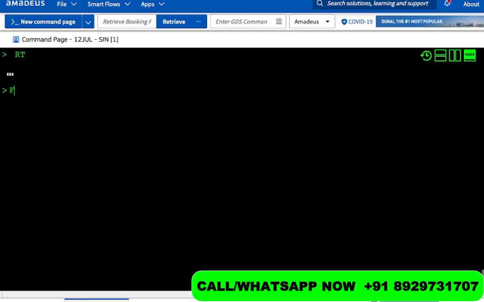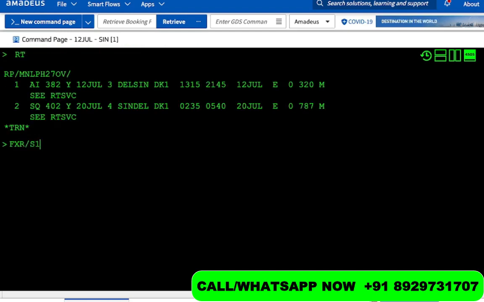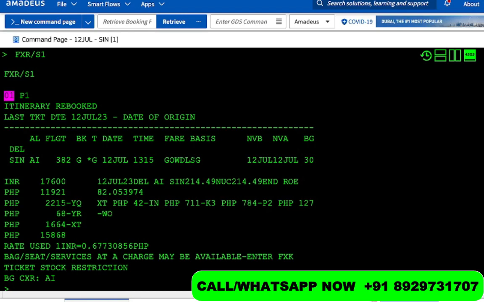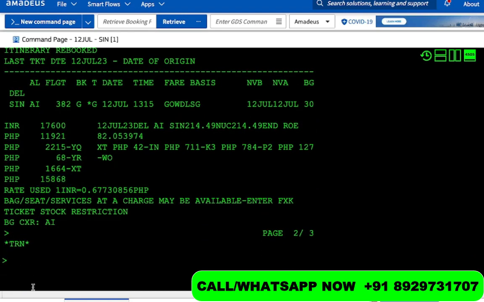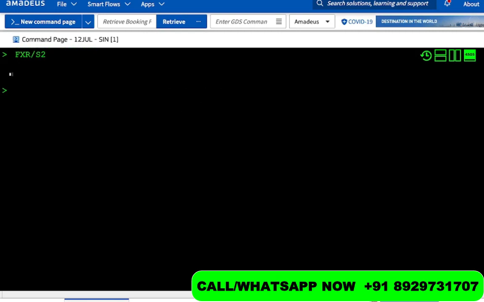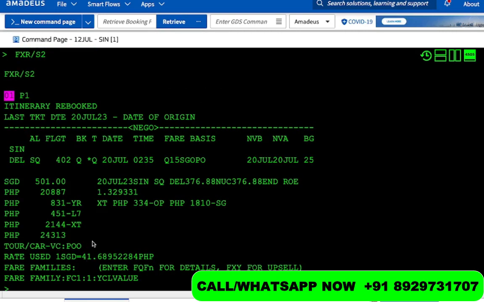Let's try to sector price it. FXR/segment 1. Okay, we have not got anything. Let's do again, FXR/S1. Okay, the price is 15,868, which seems very low. The previous price was over 100,000. Now let's check the price of segment 2. It comes out to be 24,313.